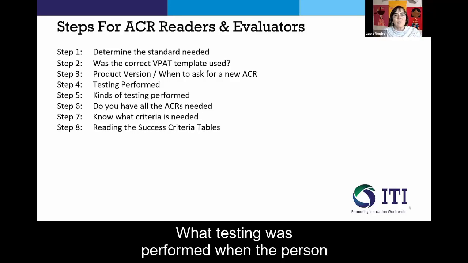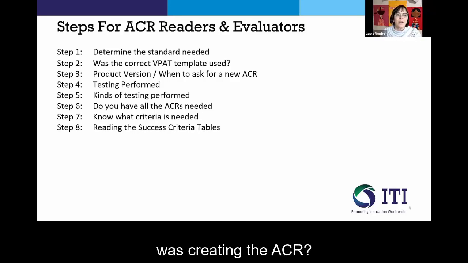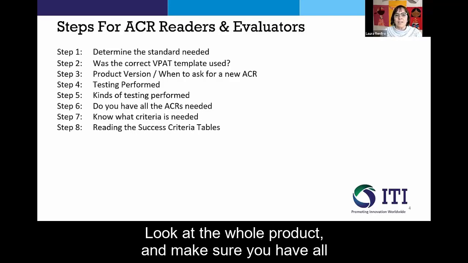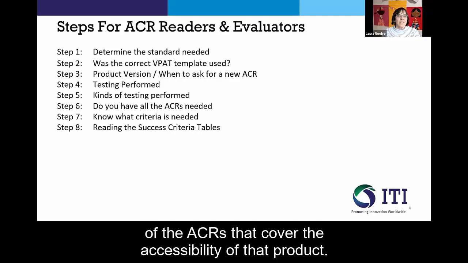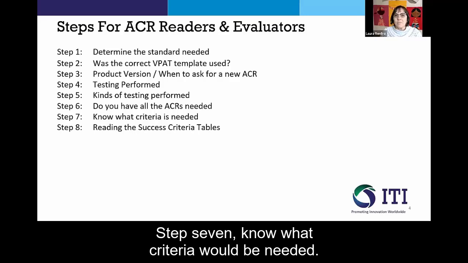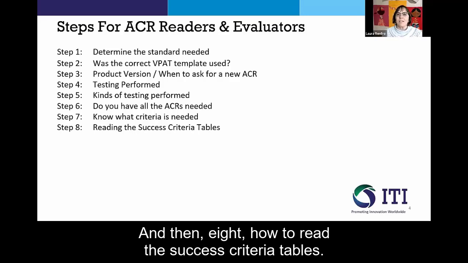What testing was performed when the person was creating the ACR? Look at the whole product and make sure you have all of the ACRs that cover the accessibility of that product. Step 7, know what criteria would be needed. And then 8, how to read the success criteria tables.